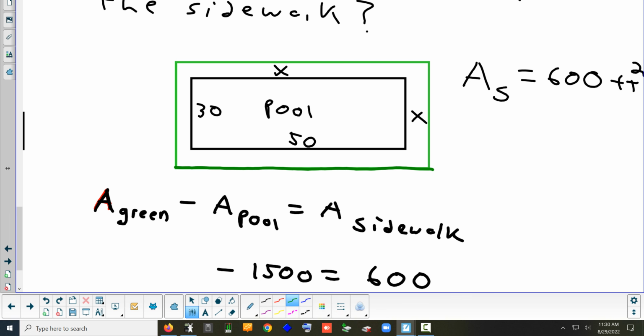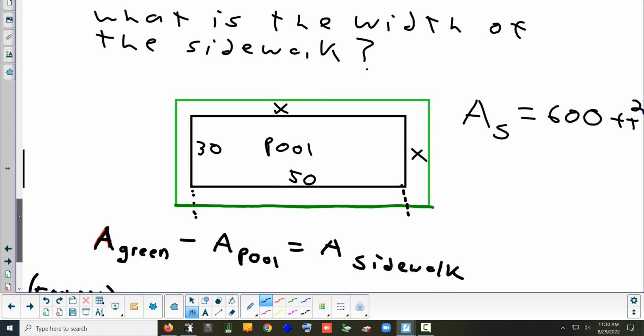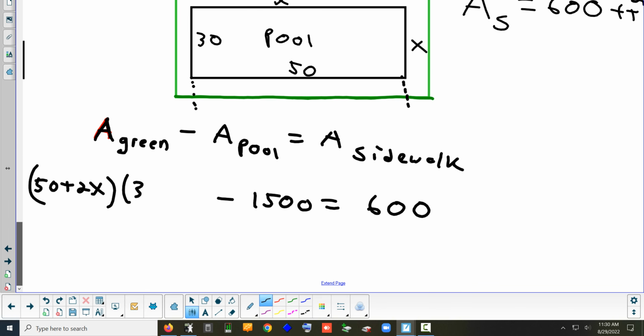How long is the base of that green rectangle? I'll give you a hint if you're not sure. Yeah, 50 plus 2x. And the height, very similarly, is 30 plus 2x. So let's do this out and see what we get.